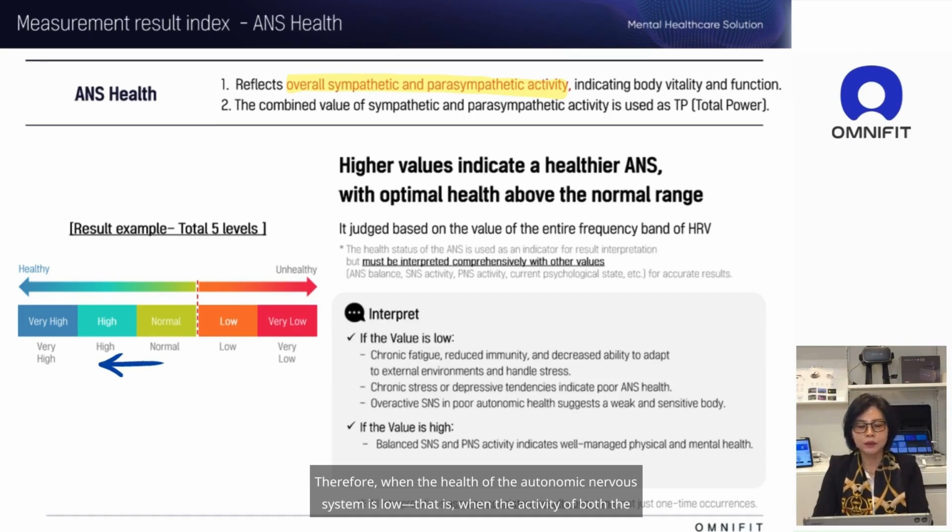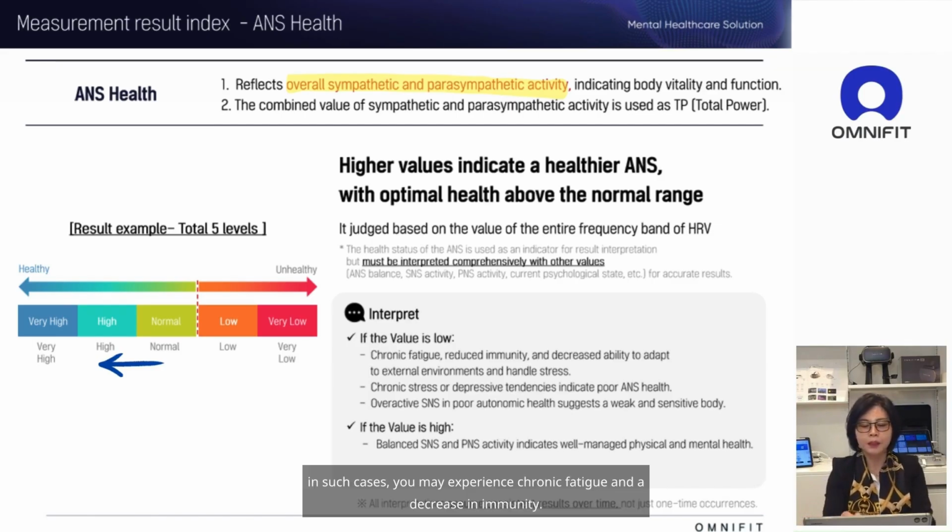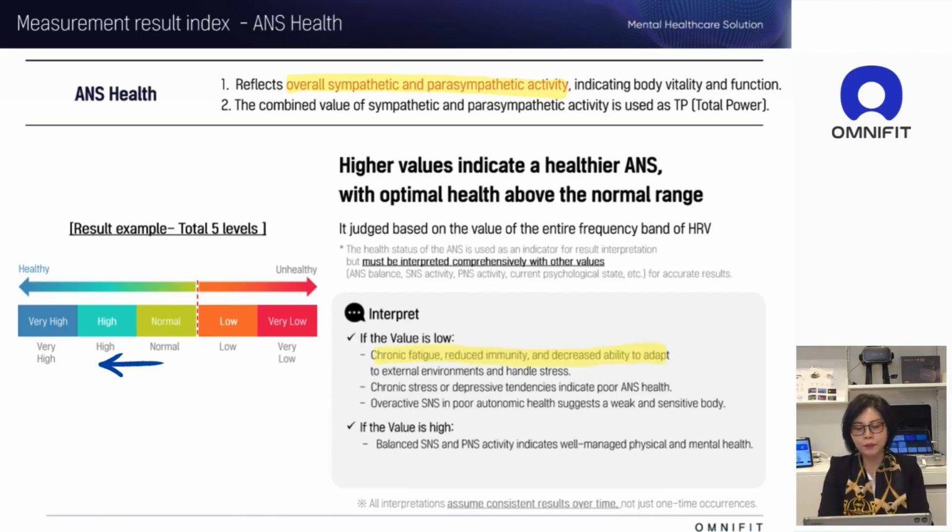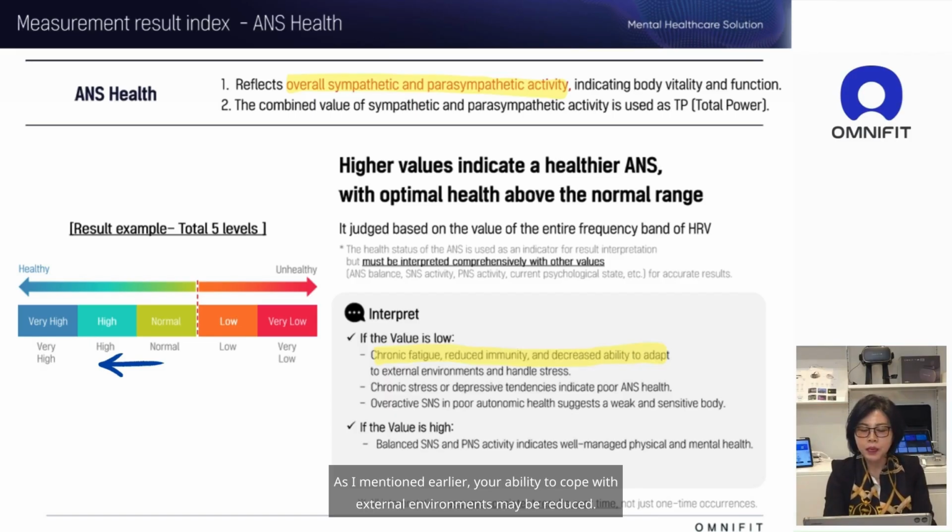Therefore, when the health of the autonomic nervous system is low, that is, when the activity of both the sympathetic and parasympathetic nerves is low and the total power value is also generally low, you may experience chronic fatigue and a decrease in immunity. As I mentioned earlier, your ability to cope with external environments may be reduced.